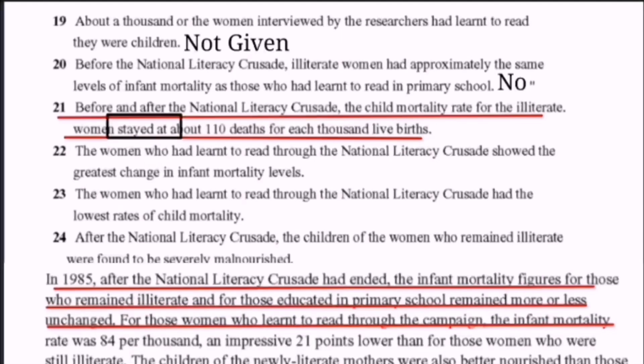In 1985, after the National Literacy Crusade had ended, the infant mortality figures for those who remain illiterate, and these are the figures for those women who are illiterate, who are uneducated, and for those educated in primary school remained more or less unchanged.